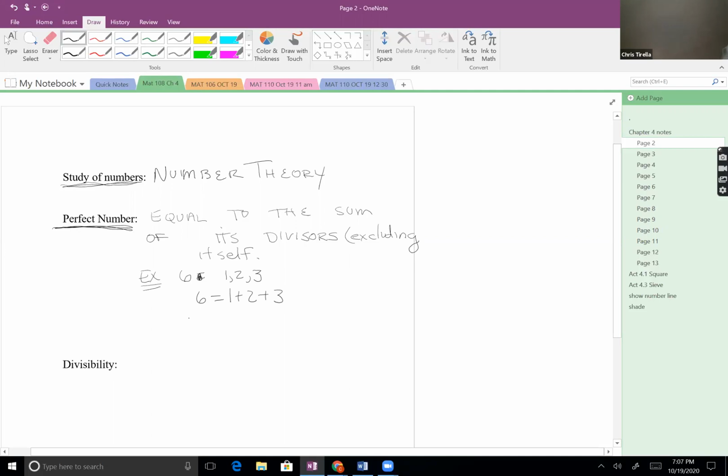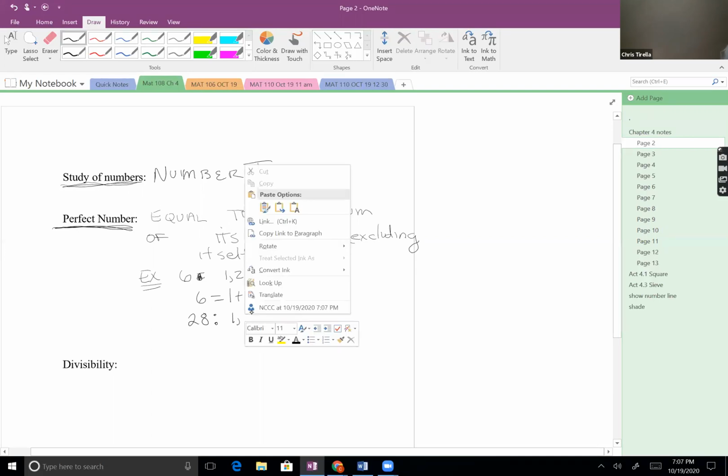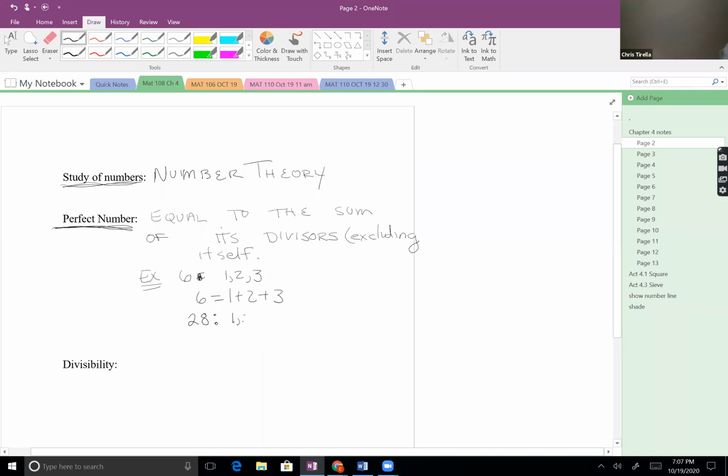And then the next perfect number is 28. What numbers divide 28 evenly? 1. What else? Does 2 go into 28? Anybody else think of another number that goes into 28 evenly? 4. Now, how many times does 4 go into 28? 7.